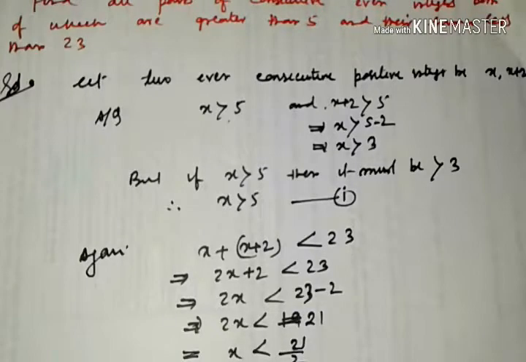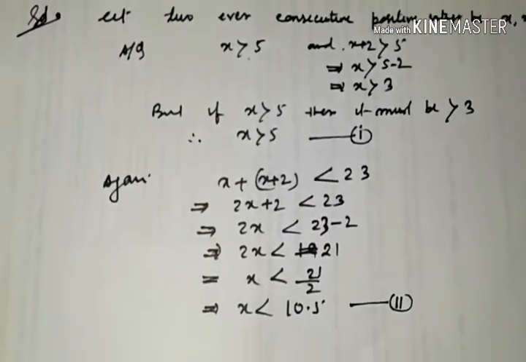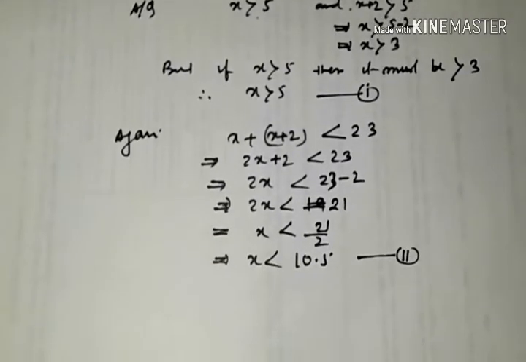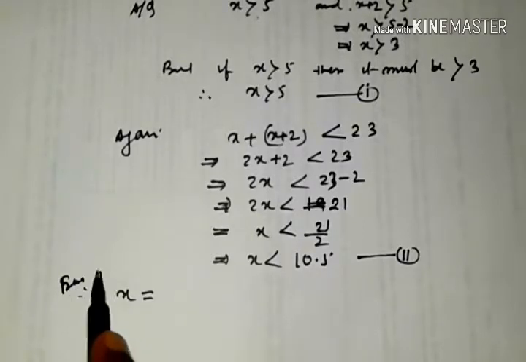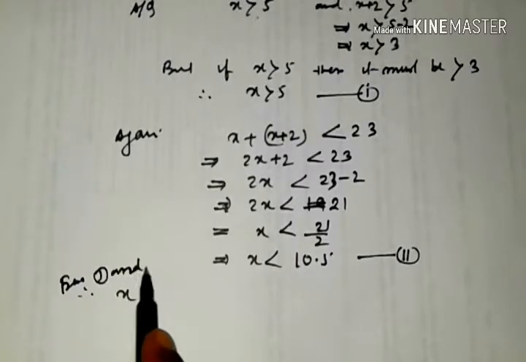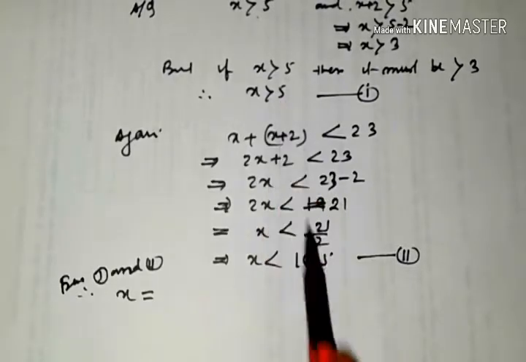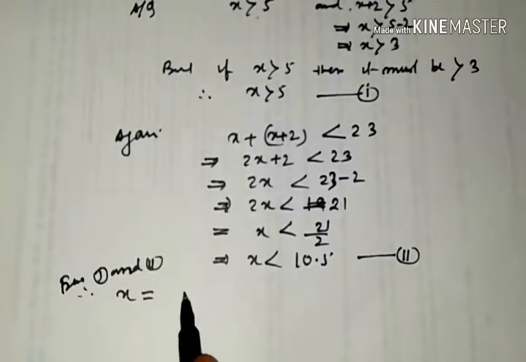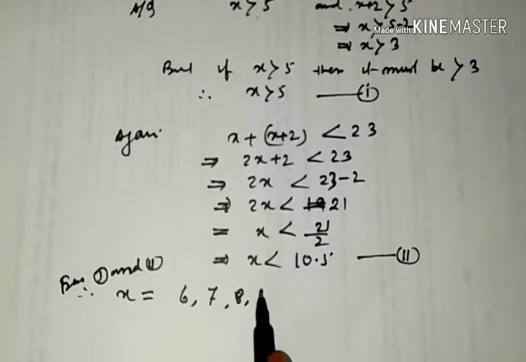From 1 and 2, what are the values of x? X is greater than 5 and less than 10.5, therefore it is 6, 7, 8, 9, 10.